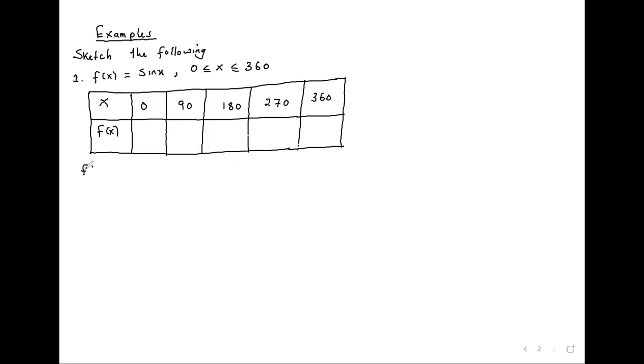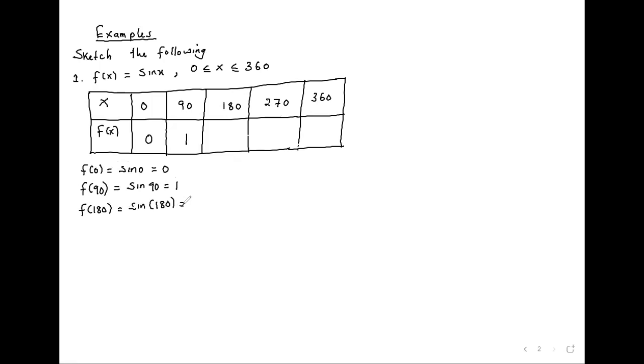Then let's check. What is f of 0? Sine 0, we said it's the same thing as 0. So we put 0 here. What is f of 90? This is sine 90. Sine 90 is 1. So we put 1 here. What is f of 180? That is sine 180.